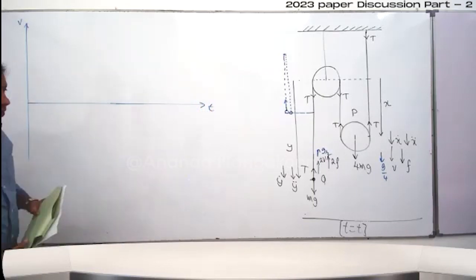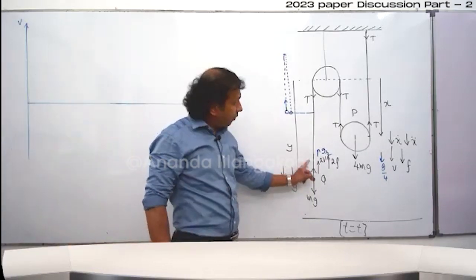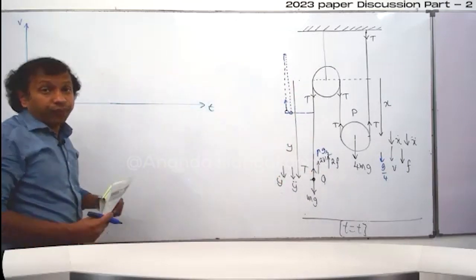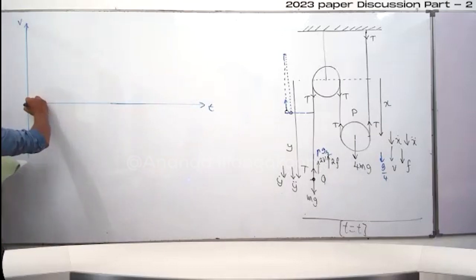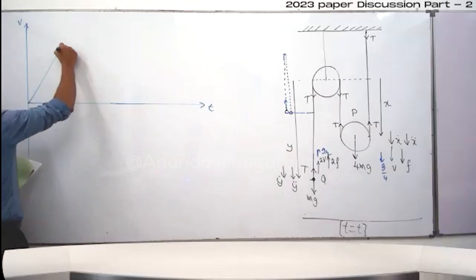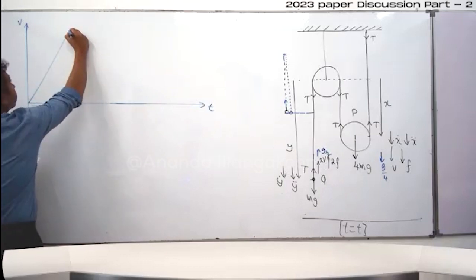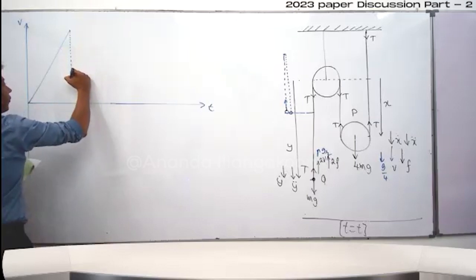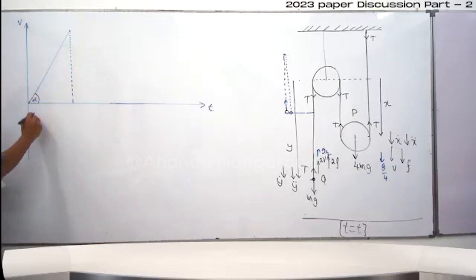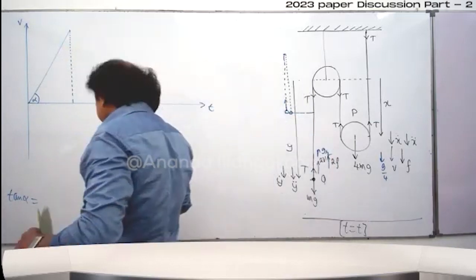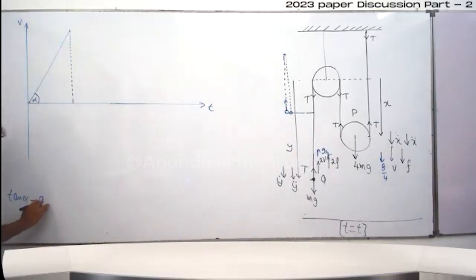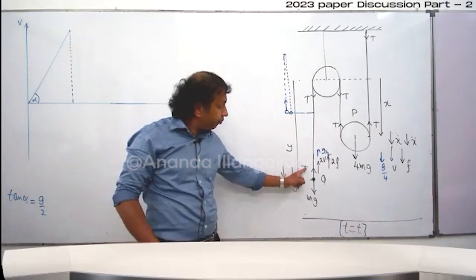I'm taking this upward direction as the positive direction, right? Then I can draw. It is moving in the upward direction with acceleration g by 2. So if I take it like this, people, remember? This I draw now. Let this angle be alpha. Remember, tan alpha is the acceleration of Q. It is g by 2. Right. I took the upward direction as positive.